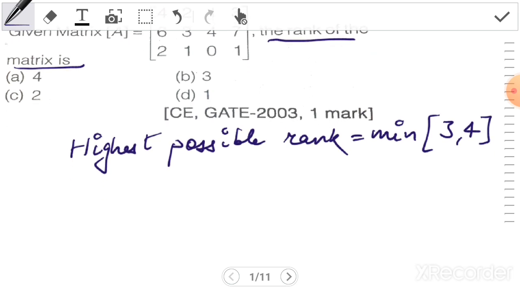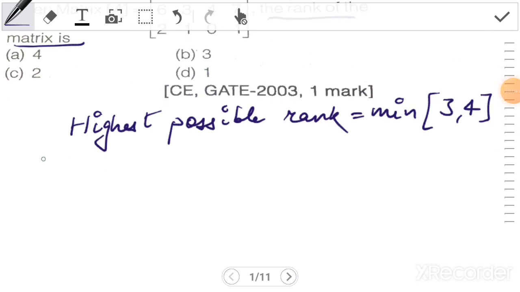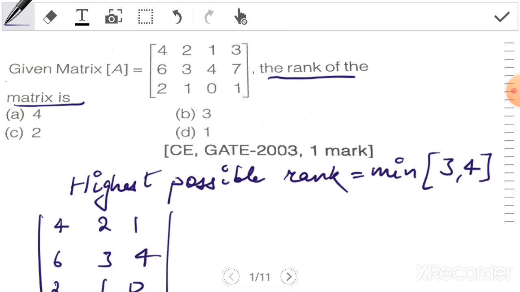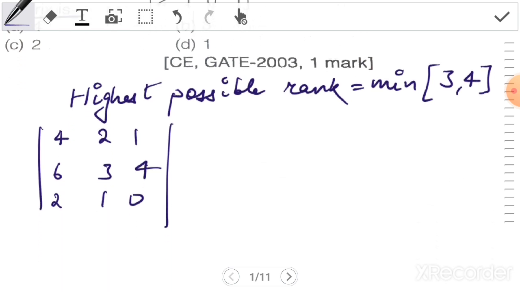So let's consider the first 3 cross 3 minors. I have taken the first 3 columns.